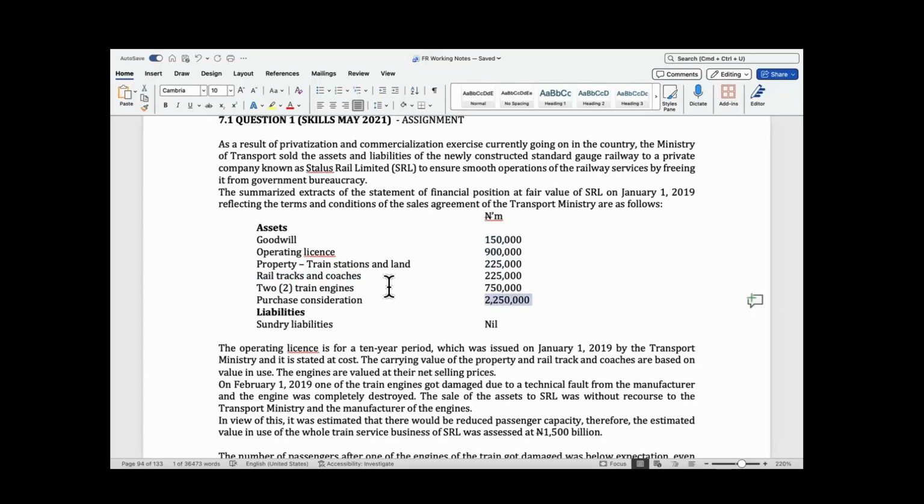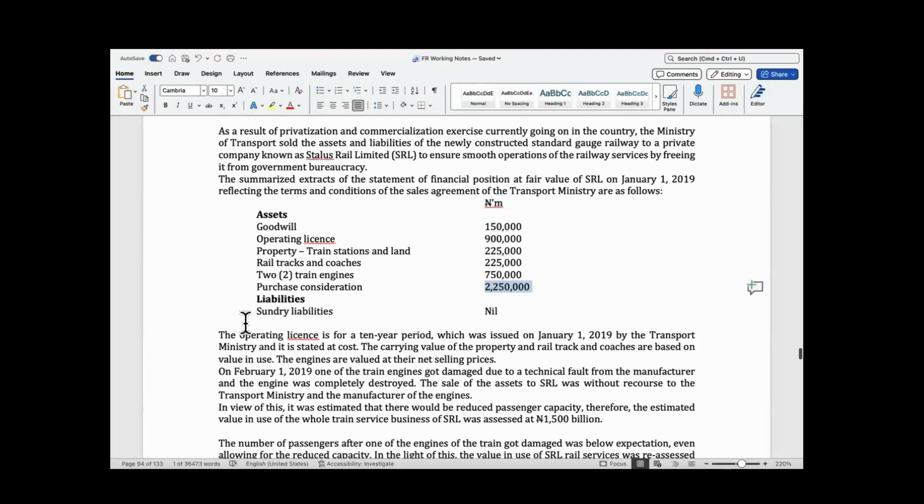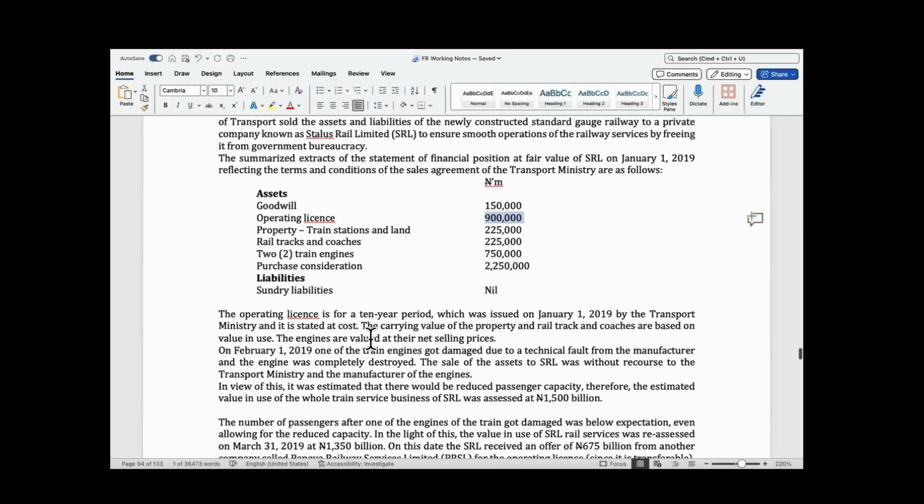Then the next paragraph tells me that the license is a 10-year period, and it was issued on January 1st, 2019 by the Transport Ministry, and it is stated at cost. So this is the cost of the license.